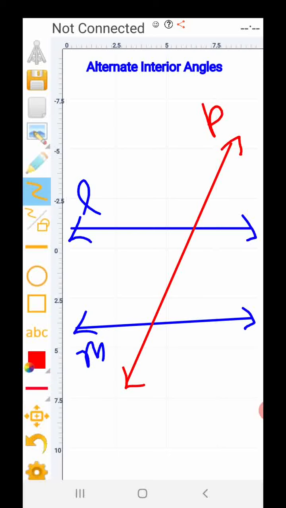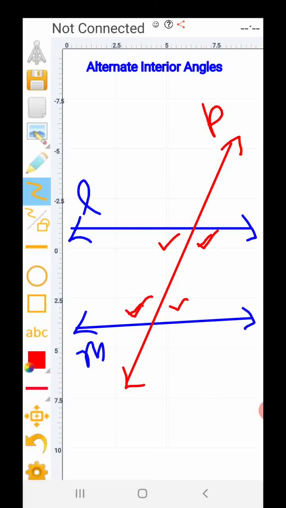Okay, now alternate interior angle. Interior means, as we already said, the inside angles of the intersecting line. That means this one is an interior angle, this one, this one, this one, and this one. These all are inside the intersecting lines, so they are called interior angles.